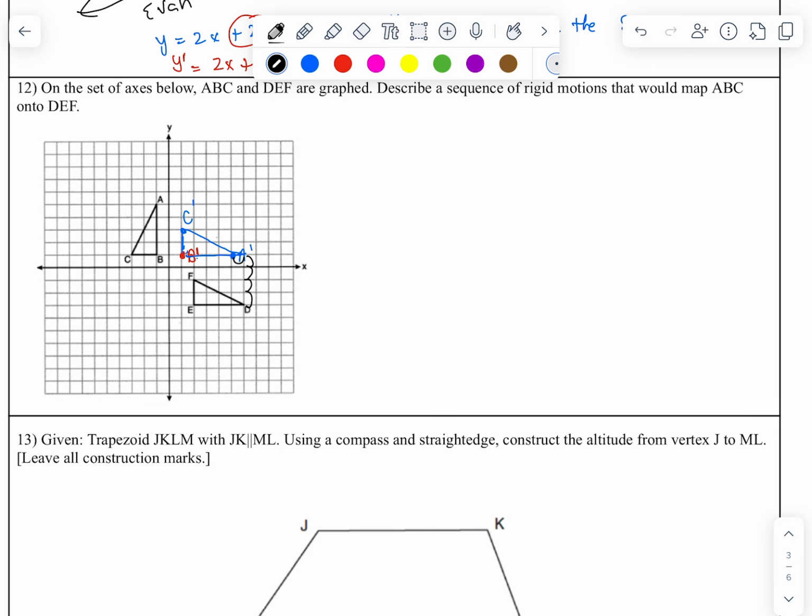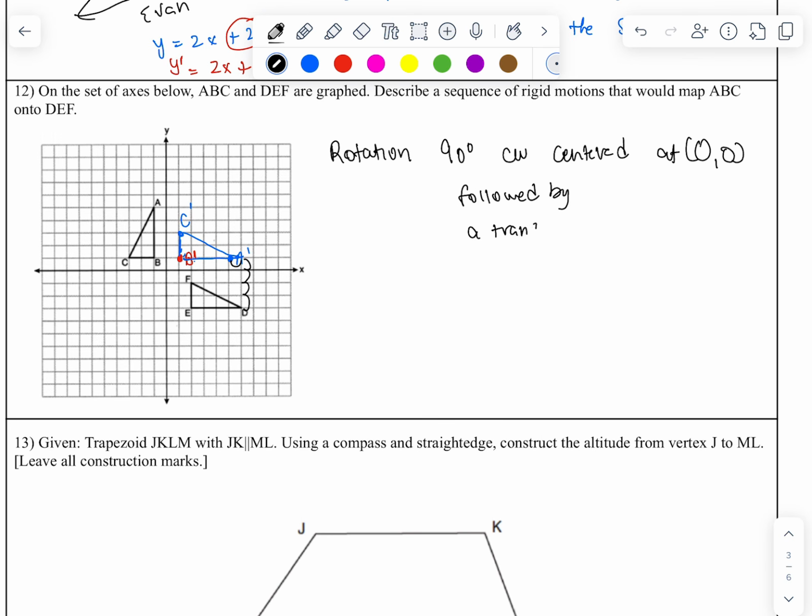So one possibility is a rotation of 90 degrees clockwise, centered at the origin, followed by a translation of 1 unit right and 4 units down.